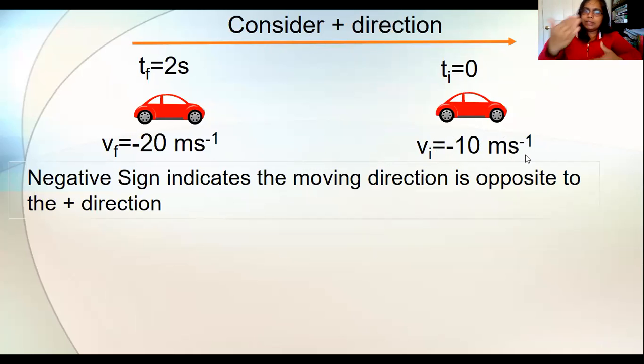So it's pointing the other way around, right? So it's going towards the left. So at t0, the velocity is negative 10. At t equals 2 seconds, the velocity is negative 20. Basically, it's pointing the other way, right? That's why it's negative. So it's pointing to the left. Now, the negative sign indicates the moving direction is opposite to the positive direction. So it's going the other way around, to the left.